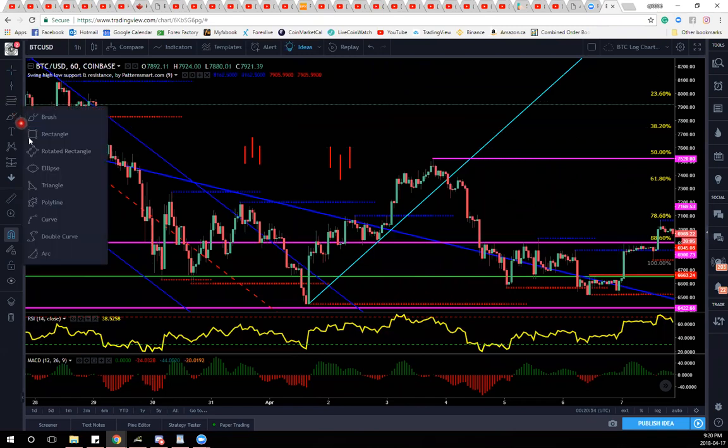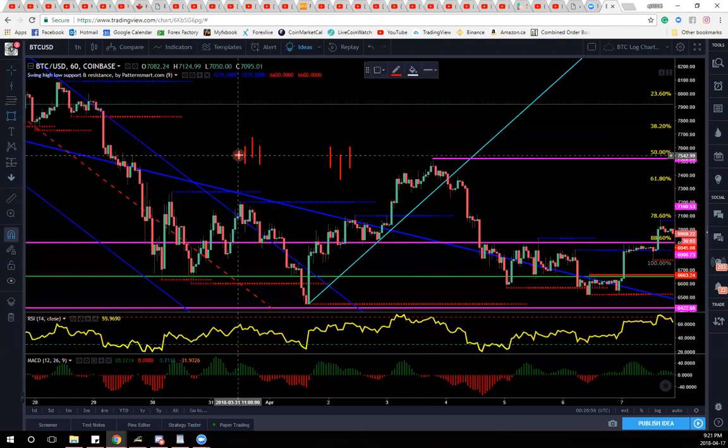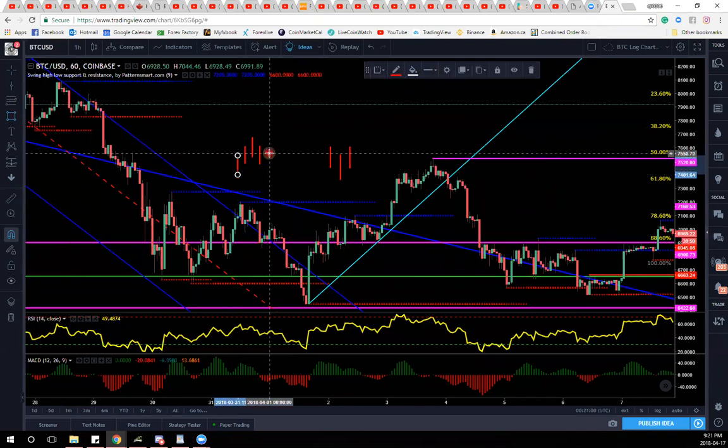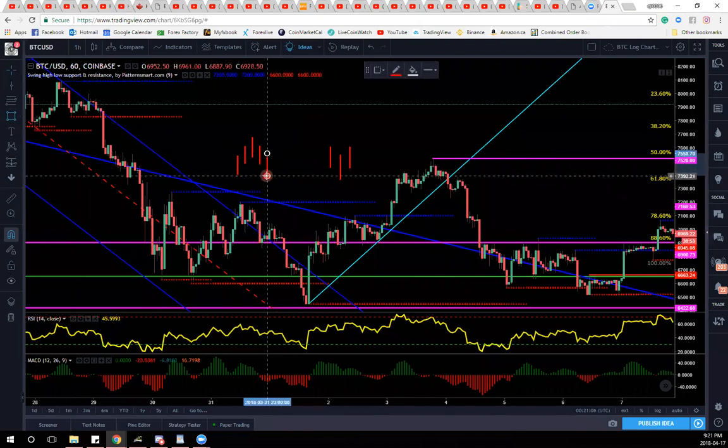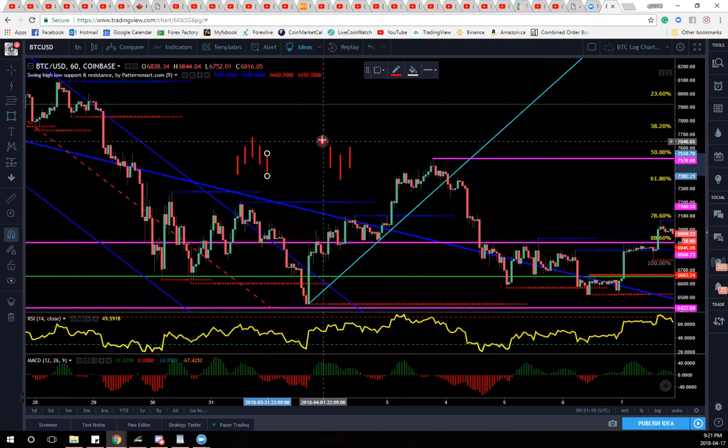So to continue with the anchor point, it's basically just adding another candle on the left and on the right. And it doesn't matter where, it just has to be below the top.